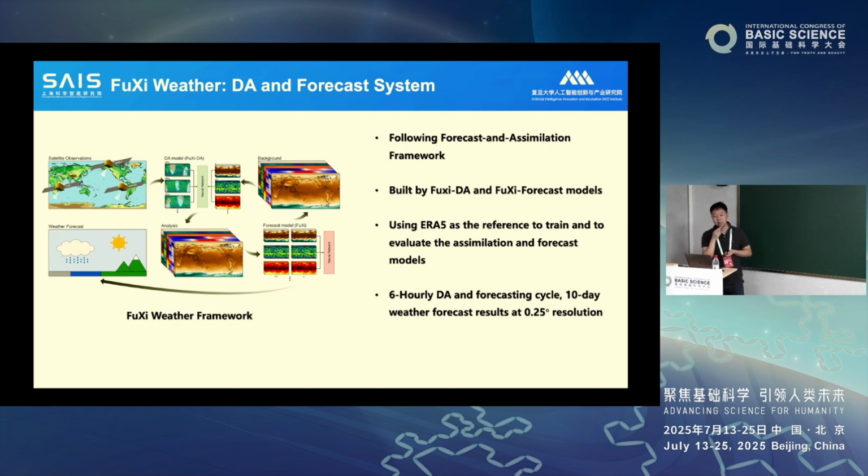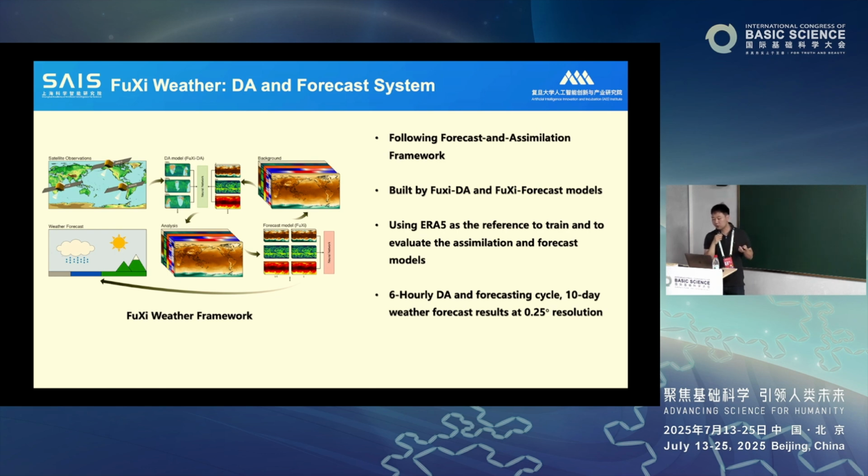So that's why we came up with this new system called FuXi Weather. This paper has just recently been accepted by Nature Communications. This model follows the forecast and simulation framework, similar to the traditional weather forecasting system. We have a forecast model and another data assimilation model.